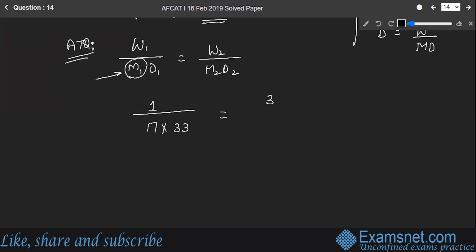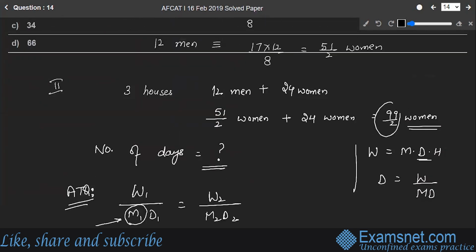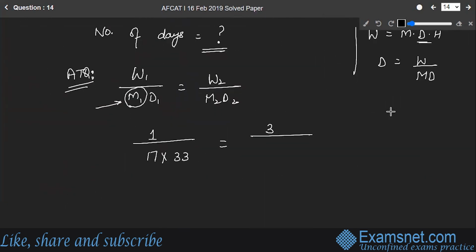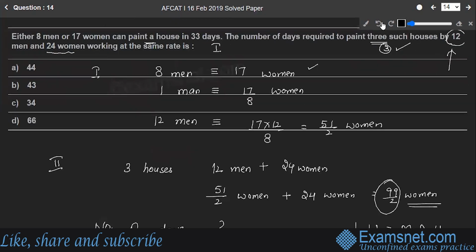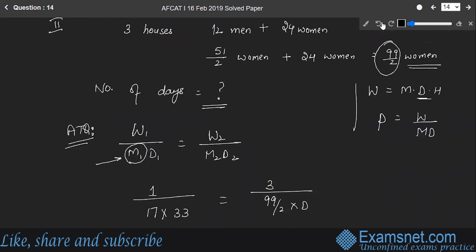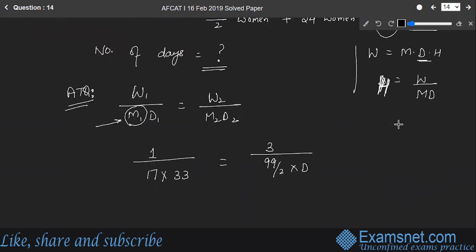Second case, 3 houses to paint. Number of men, it was equal to 99 by 2. This is what we solved. And days I have to find out, right? Sorry, here it was supposed to be hours. Okay. Yeah.